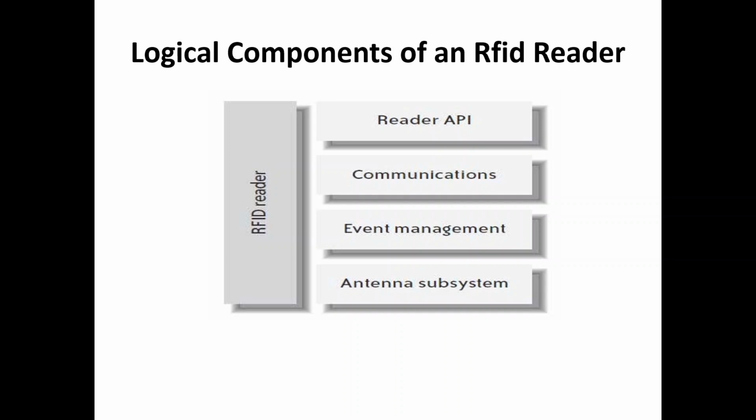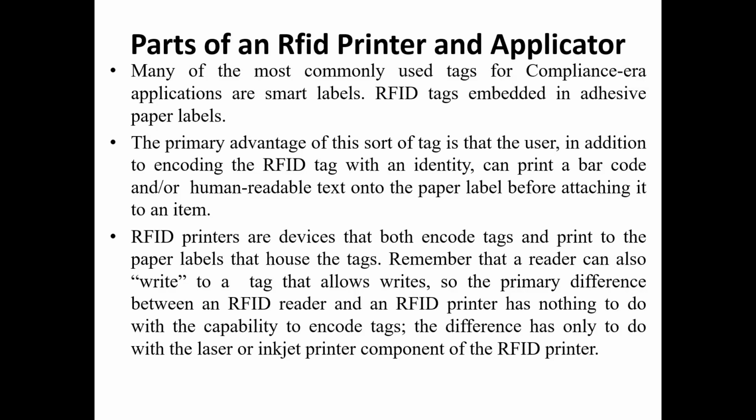The final one is the antenna subsystem. It's the hardware that transmits or receives the RF signals. It defines the system's coverage and performance. So these are the parts of an RFID printer and applicator.